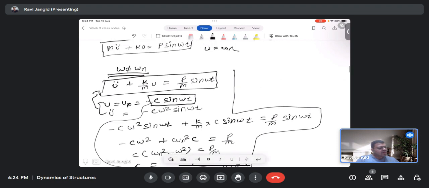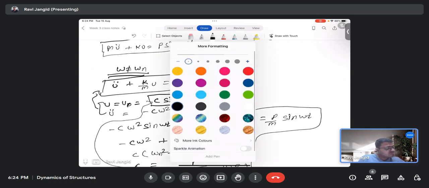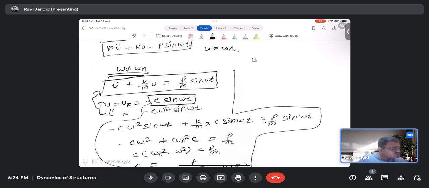Can you try considering u(t) as c(t) sine omega t, or some function c(t) cos omega t? Try with this and find out the solution for the resonating condition. Instead of considering this function, you can consider this one also.